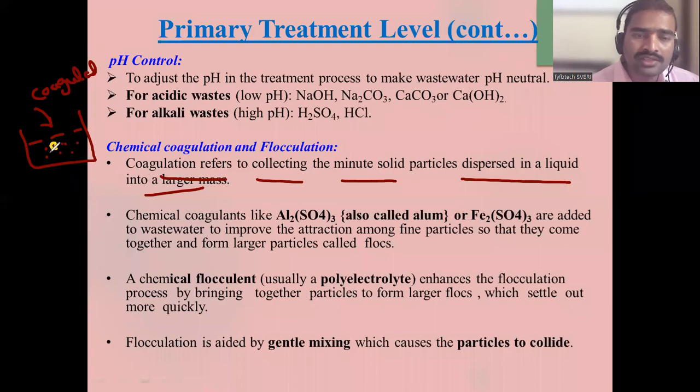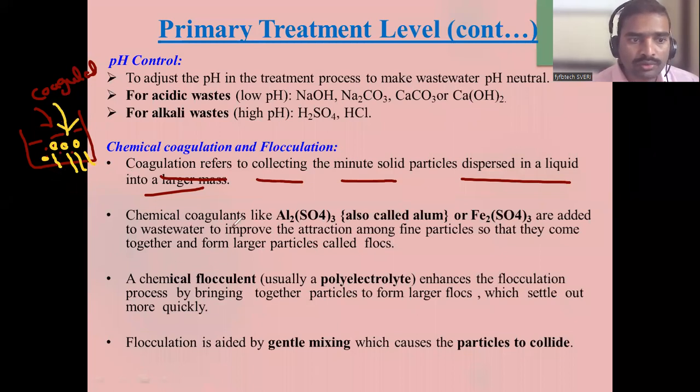So the size of the particle will increase. Size increases, so the mass of the particle will increase. As the mass increases, it becomes heavy, and if it is heavy, it will settle at the bottom. That is coagulation.